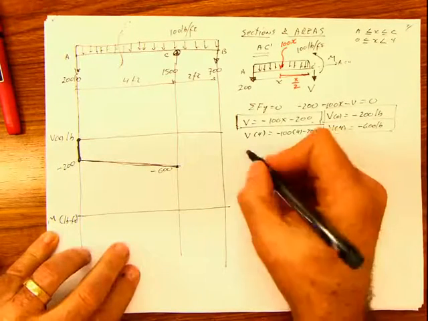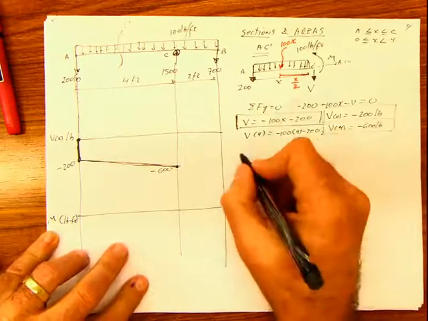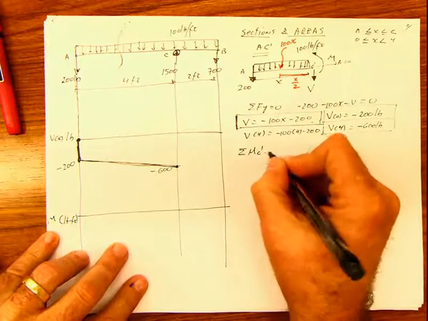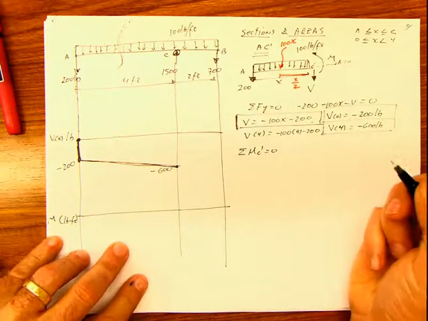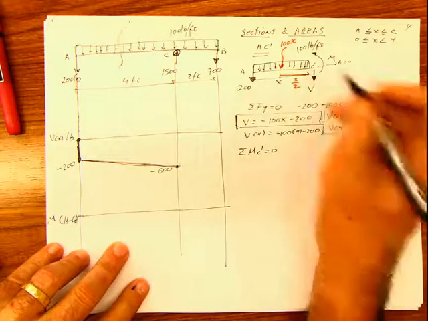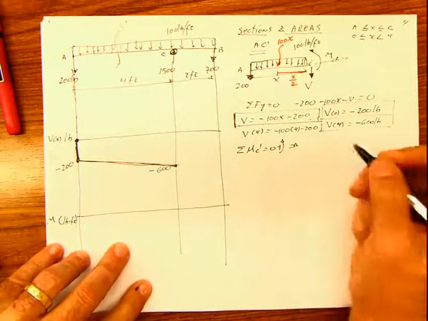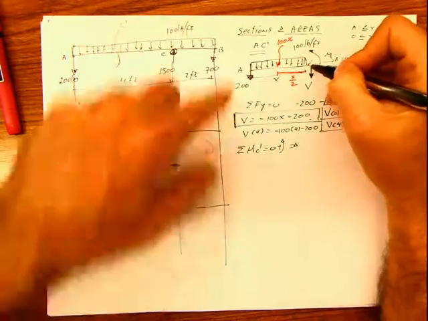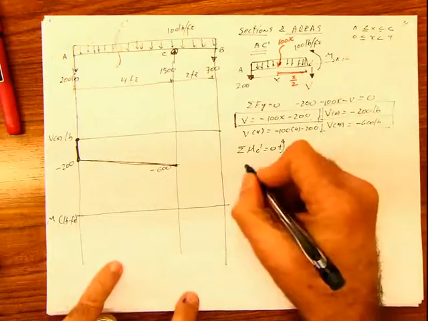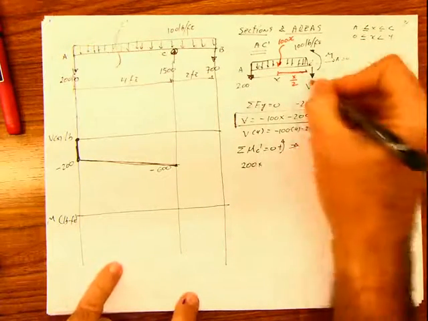And now we do summation of moments. We're going to do summation of moments at C prime equals 0. You can do it anywhere, but at C prime I like to do it there. That means that if I do moment here, I'm going to have 200 times x.